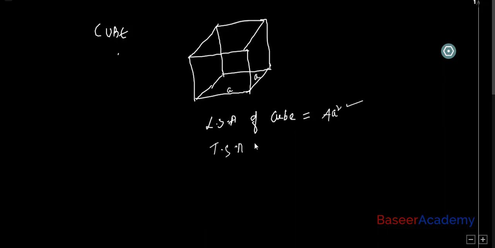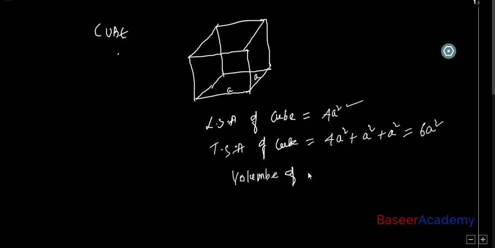The total surface area is when you add the top and the bottom. If I add the top a square and the bottom a square, it becomes 6a square. The volume of a cube is a cube. The volume of a cuboid is L into B into H, LBH.